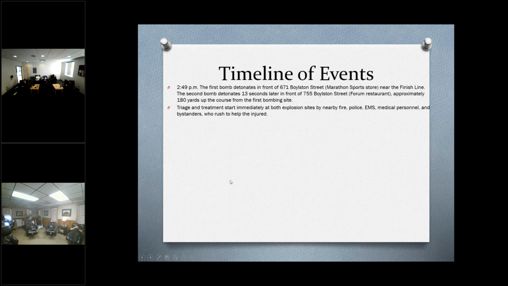Within about 9 minutes, that first critical patient was transported, and within 46 minutes, the last critical patient was transported to the hospital. This was achieved because they immediately set up a triage algorithm in a treatment area, and basically separated this into 2 different areas, where the first bomb went off and the second bomb went off.